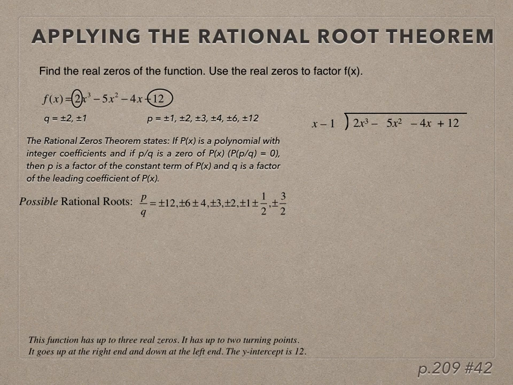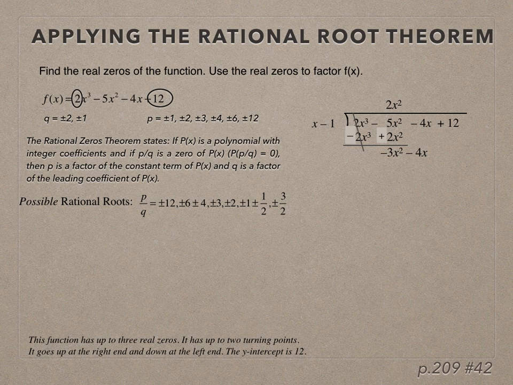All right, so let's start dividing. We ask ourselves the question, x times what is 2x cubed? That would be 2x squared, which I write over the quadratic term. Now multiply 2x squared by both terms in the divisor. I'm going to subtract. To subtract, I like to change my signs and add. And I bring down my negative 4x.